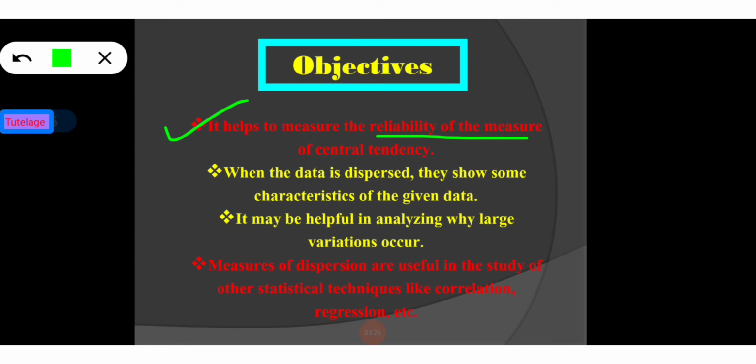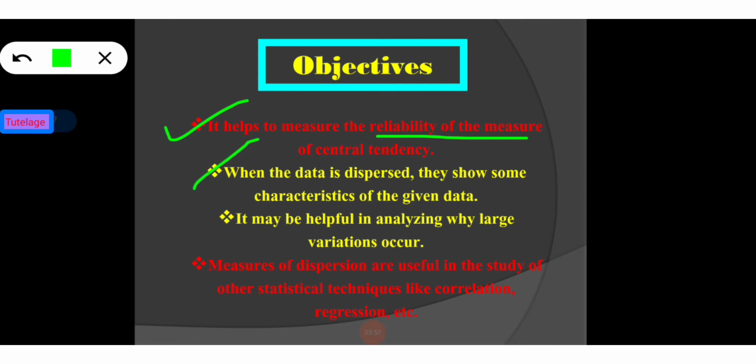So measure of dispersion is basically related to the measures of central tendency. So both are related to each other. Okay, I think this is clear. So now move on to the second point.